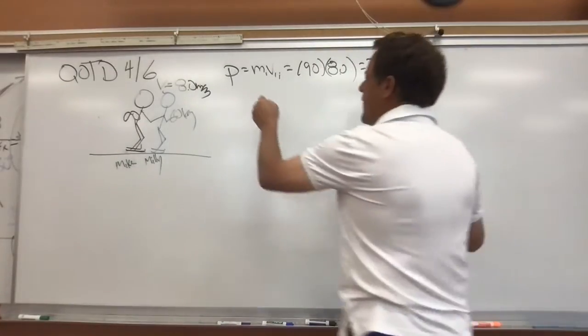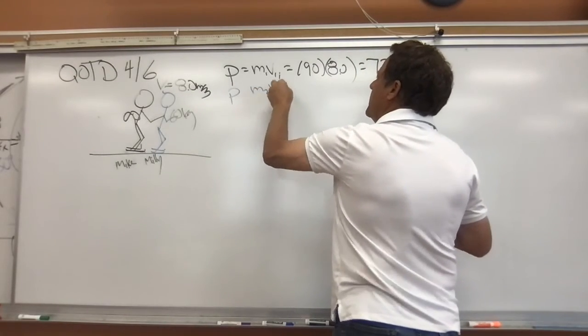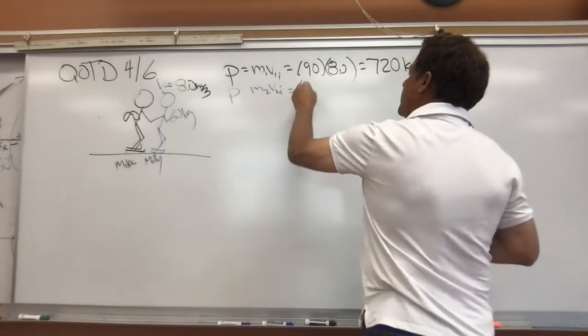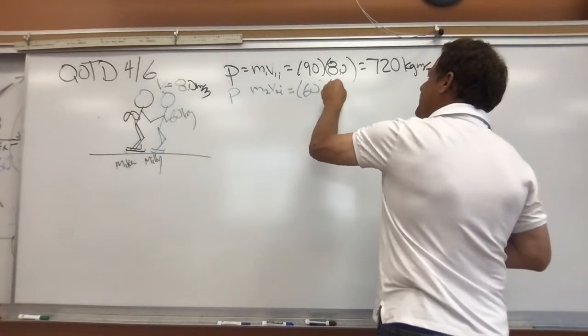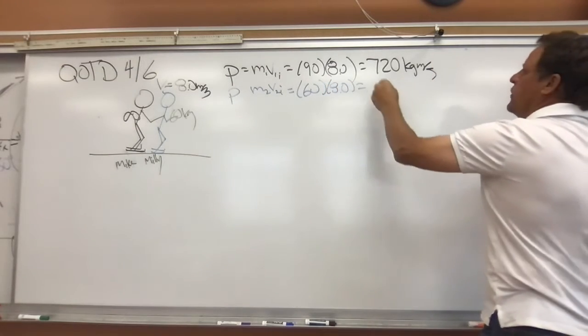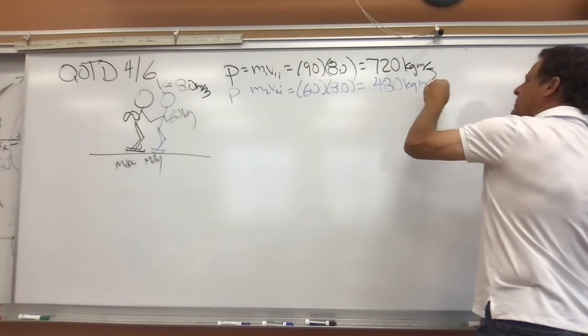In a similar fashion, we're going to get the initial momentum of Millie, which is going to be 60 also times 8.0, which gives us 480 kilogram meters per second.